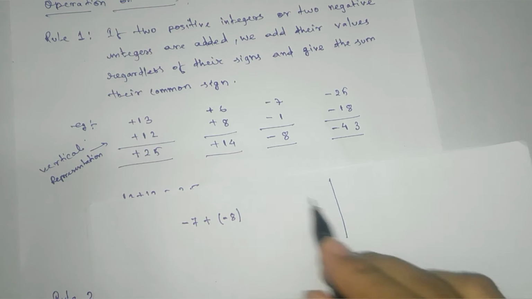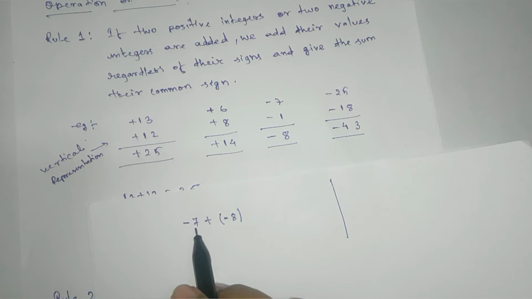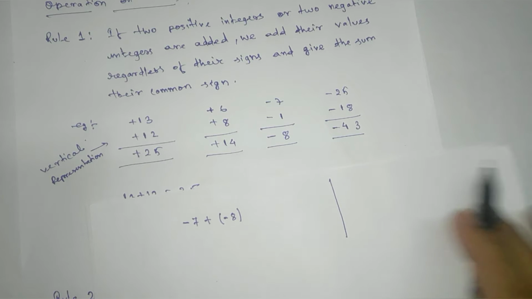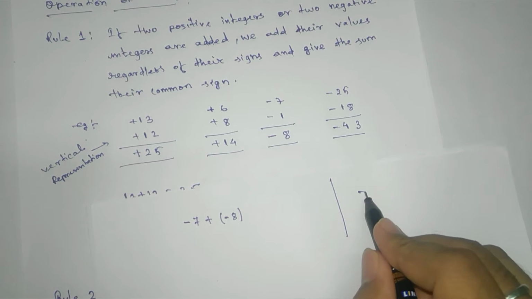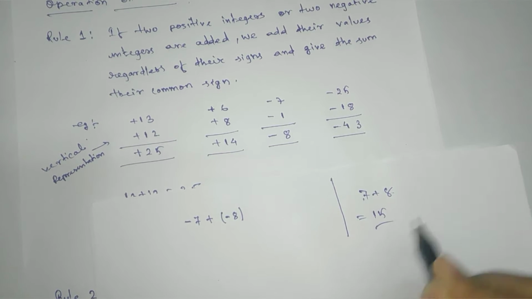Till now we have seen only two positive integers, but now we may see two negative integers, two positive integers, or one positive and one negative. This one we have already seen: both are positive, so we get positive 15. This is our answer.